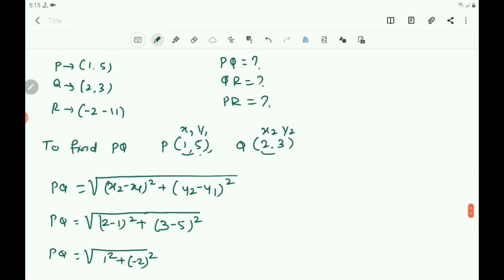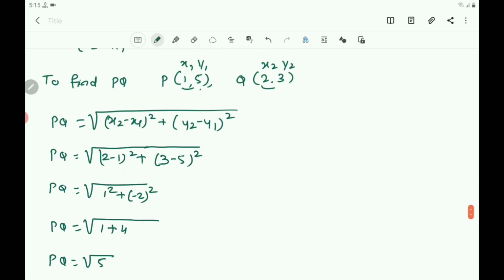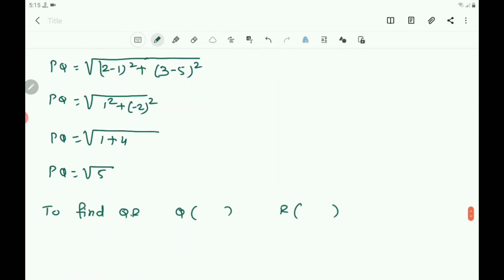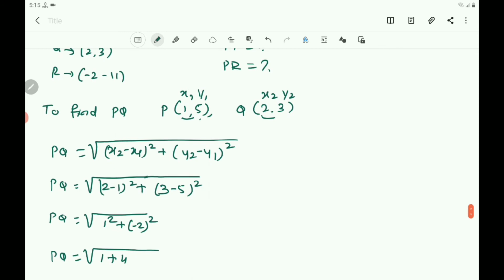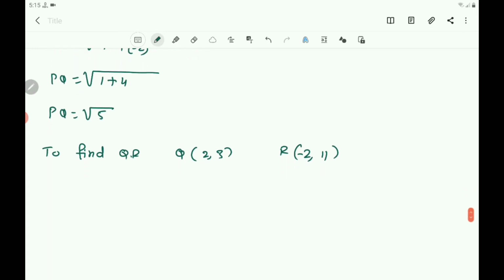Now you get QR. To find QR, you take the points Q and R. The coordinates of Q are (2, 3) and the coordinates of R are (-2, 11).